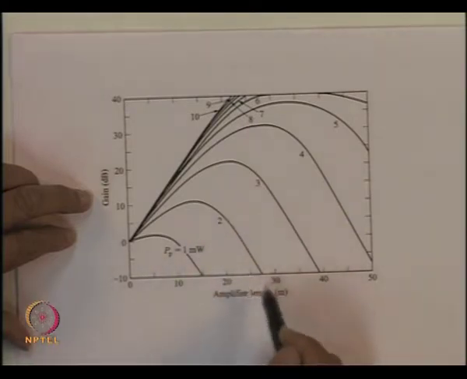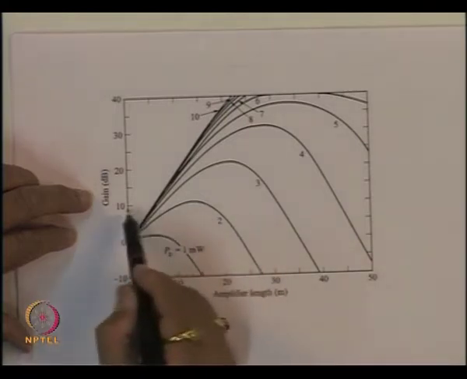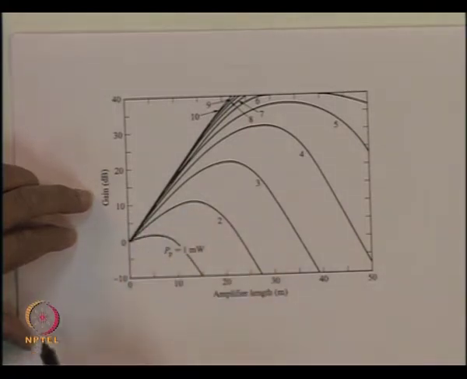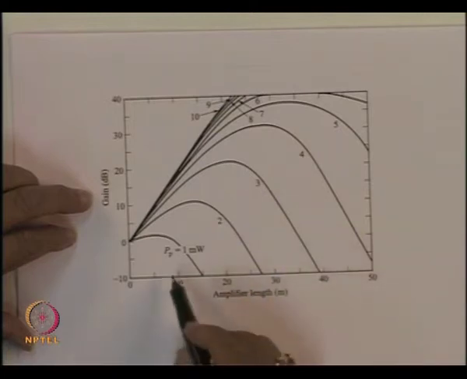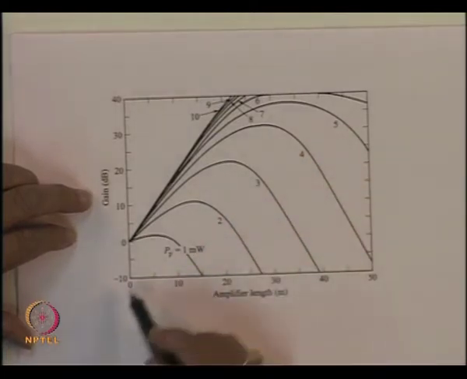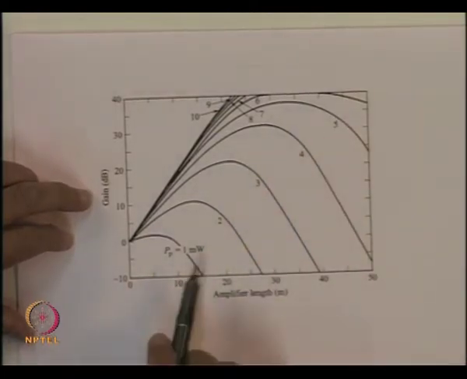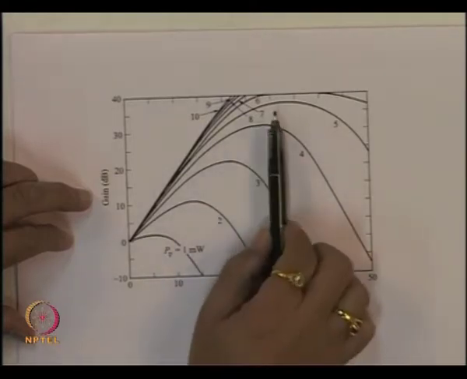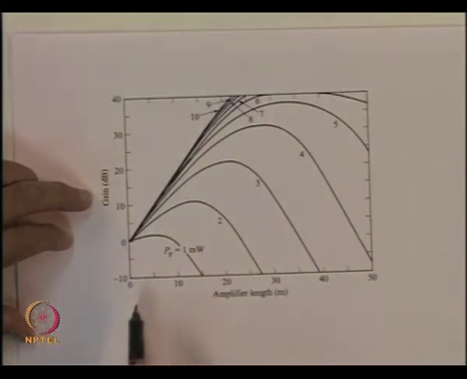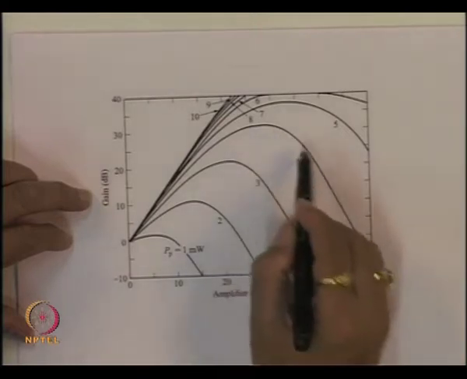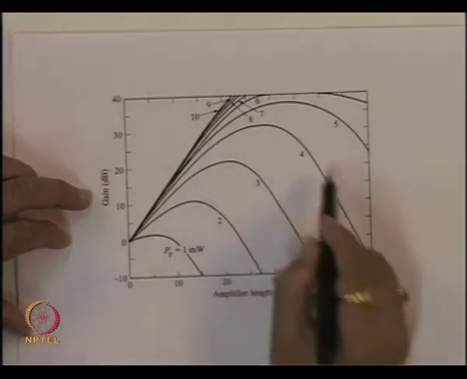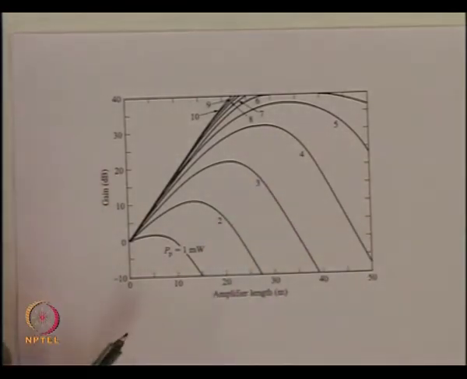And if you go to 2 milliwatt, the gain would be of the order of about 10 dB. And like that, if I go on increasing the pump power, of course the gain would increase. But for every pump power, there is a maximum gain which is possible. And beyond that, the gain will start reducing.